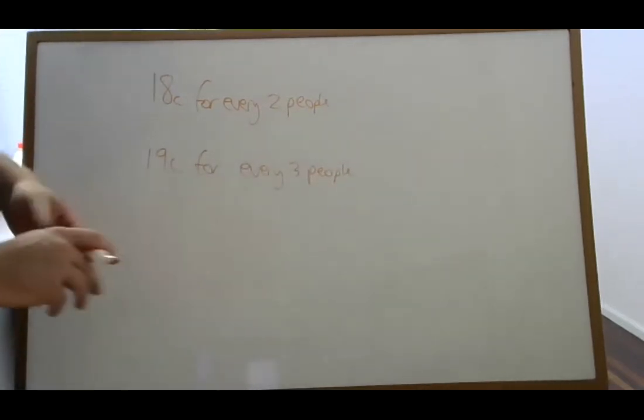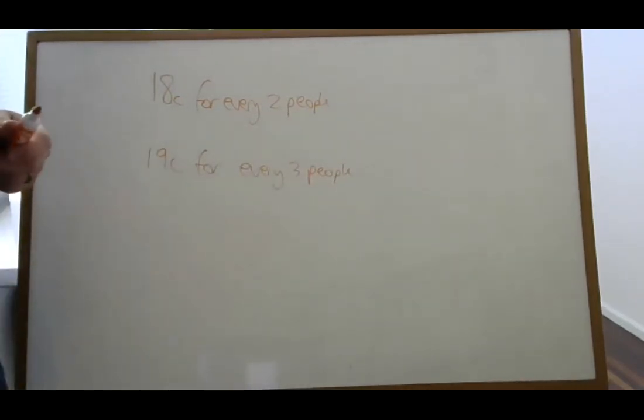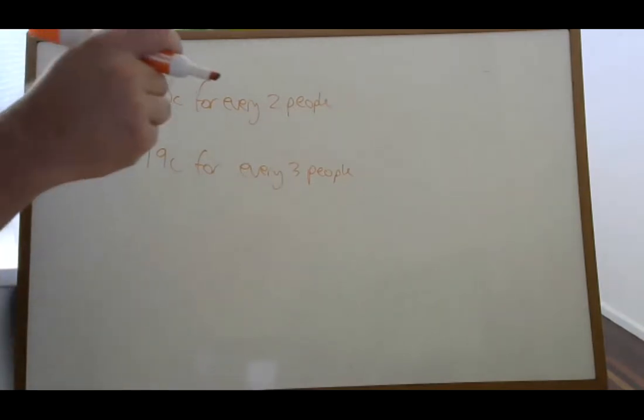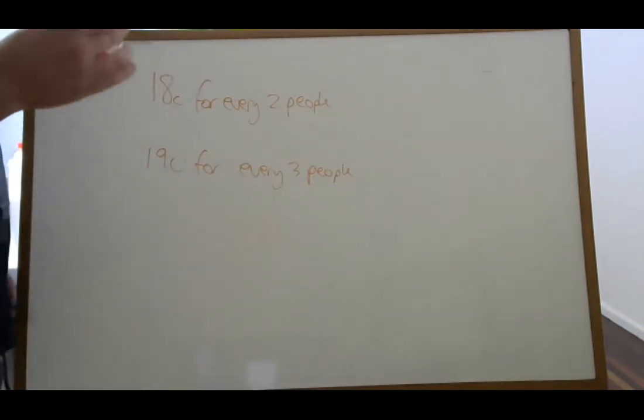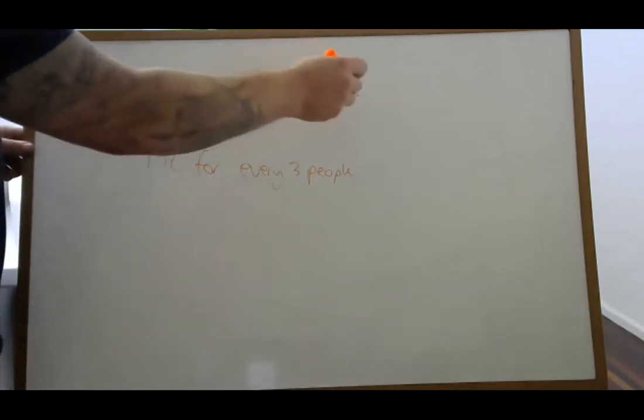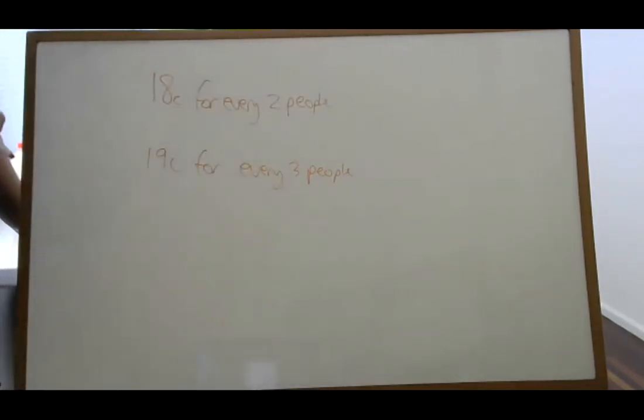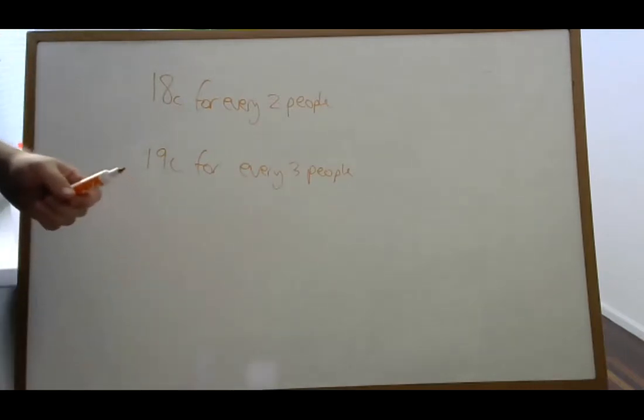Are they equivalent ratios? No? Yeah, you're right. So 18 divided by 2 is 9, 19 divided by 3 is 3.2. So they are not equivalent ratios.